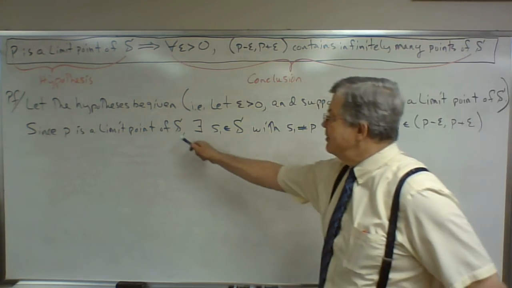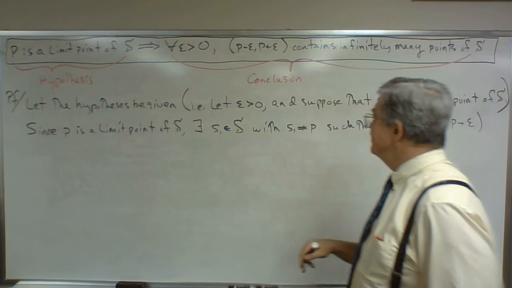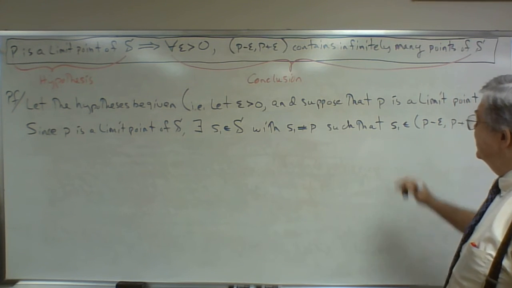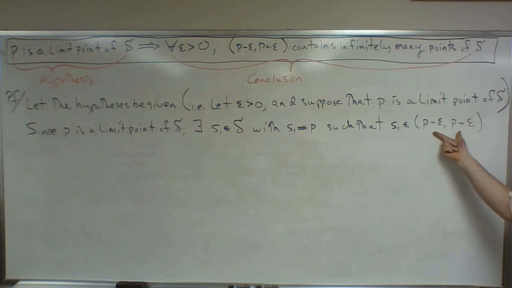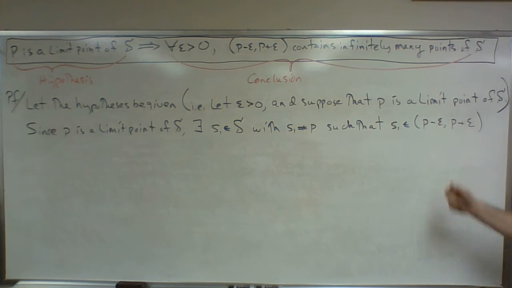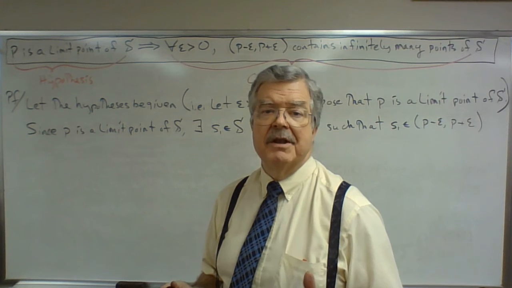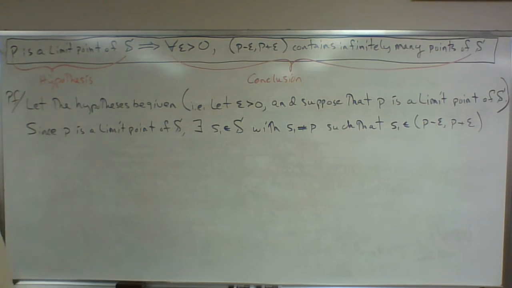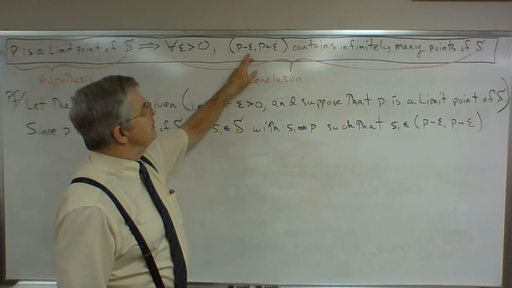So since P is a limit point of S, there's an element of S, little s1, where s1 is not the same as P, such that s1 is an element of this interval, (P minus epsilon, P plus epsilon). And that's just the consequence of the definition of limit point as we know it. Now, how am I going to get infinitely many points of S in this interval?